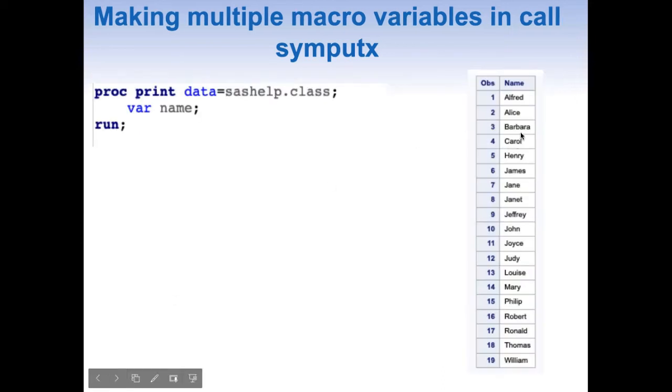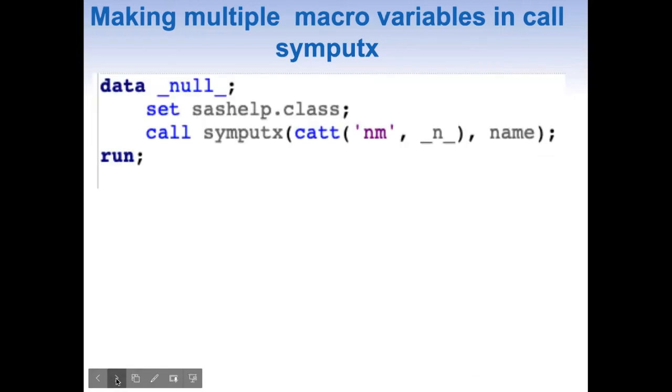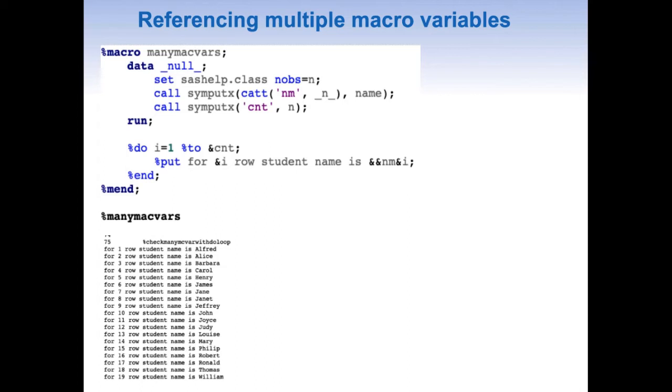In this fashion we are creating 19 macro variables: nm1, nm2, nm3, nm4, nm5, nm6 till nm19. So in this way, we can create multiple macro variables in call Symputx. To do that, we are using _n_ and concatenating it with a string to create multiple macro variables. Now let us see how we can reference these multiple macro variables.